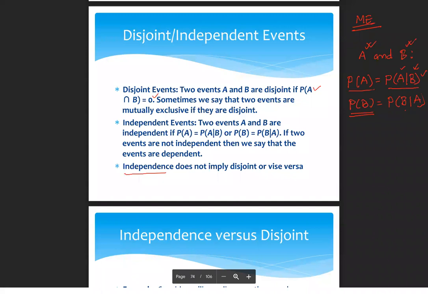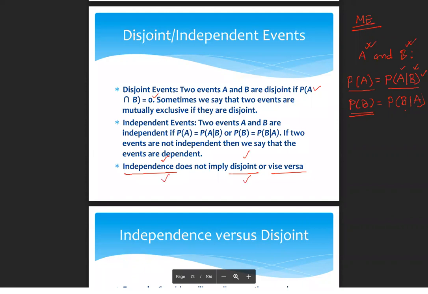Two events being independent does not mean that they are disjoint, okay? Or vice versa. What does that mean? That means if two events are independent, that does not mean that they are going to be disjoint. Or if they are disjoint, that doesn't necessarily mean that they're going to be independent.